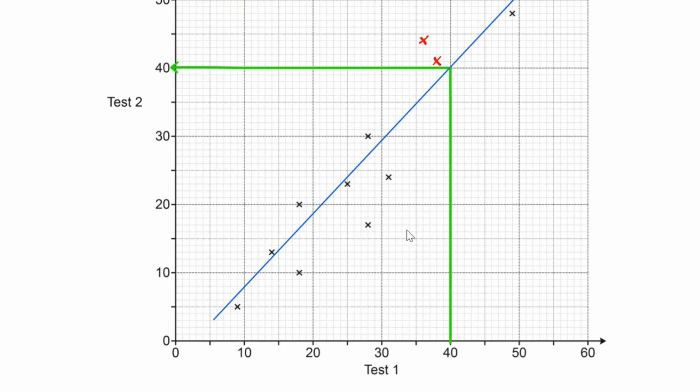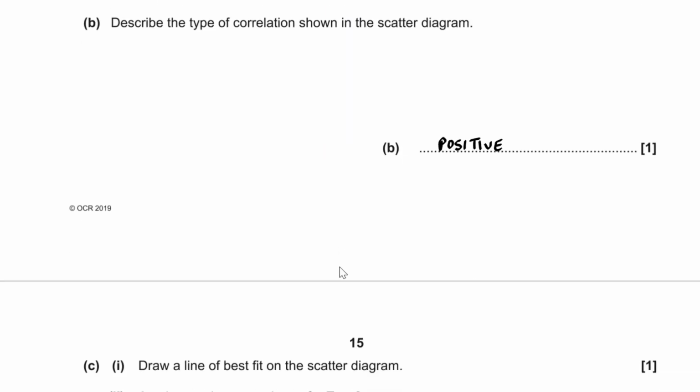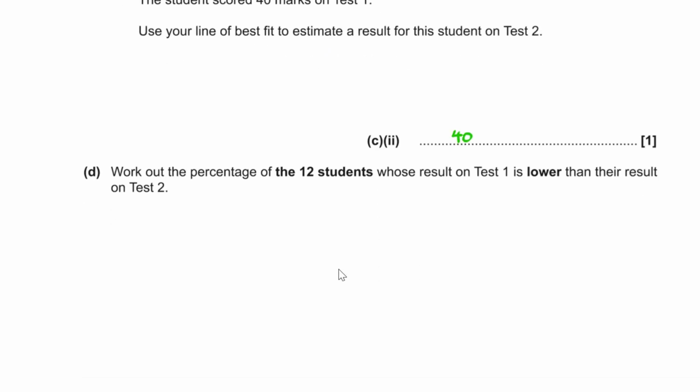So test 1 being smaller than test 2, well, test 1 is lower than test 2 here, here, here, here, here, and also here. And we've got 1, 2, 3, 4, 5, 6. So what we've got here is 6 scores which are lower than test 2.